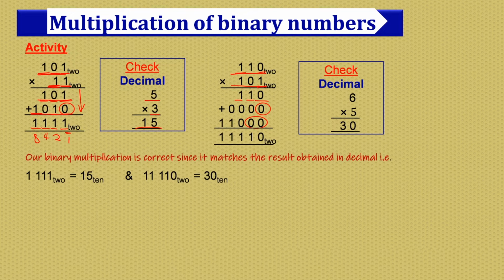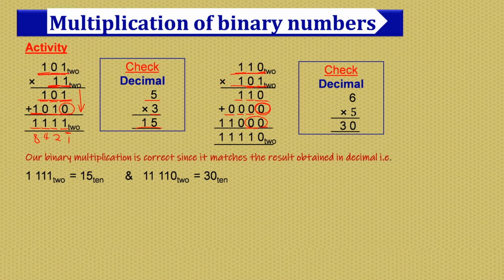Now, to the second line, we block the first position because we are moving to the next place value. Now, 0 multiplied by 0 gives us 0. 0 multiplied by 1 gives us 0. And 0 multiplied by 1 gives us 0. Now, to the third line, we have to block the first and the second positions because we are going to the third place value.